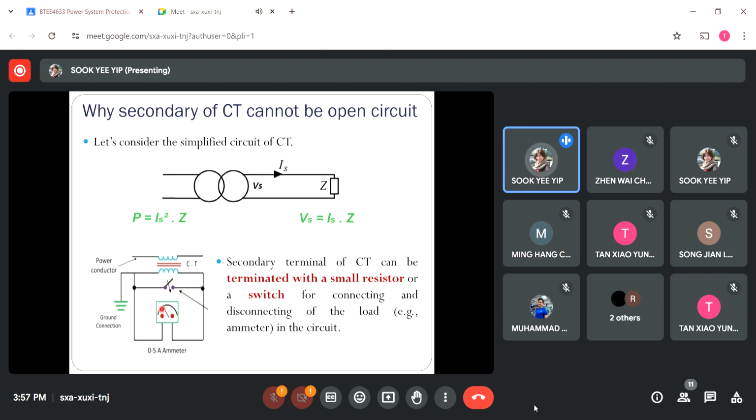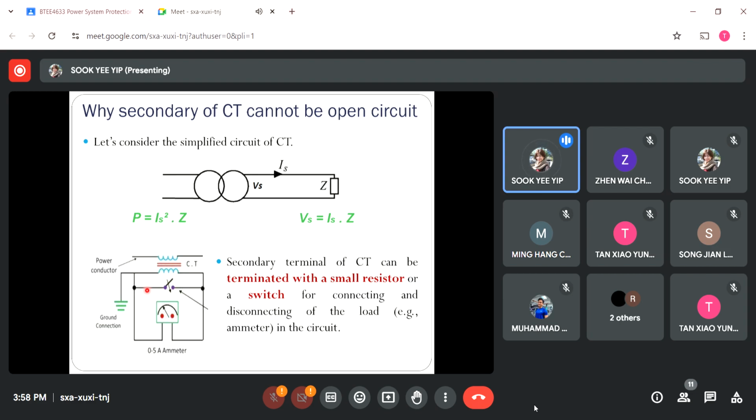In the event I want to remove this ammeter, I just turn on this switch to form a short circuit connection. Remember, short circuit here, no issue. No voltage generated, no power flow. So we can short it without any problems. After you have done the calibrations, you connect it back and open this switch for current measurements. That's how we deal with these problems.